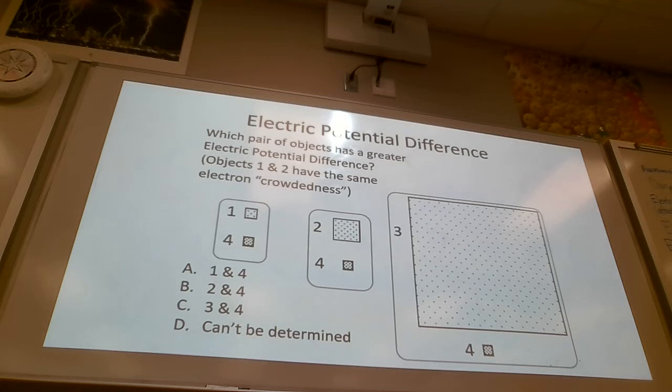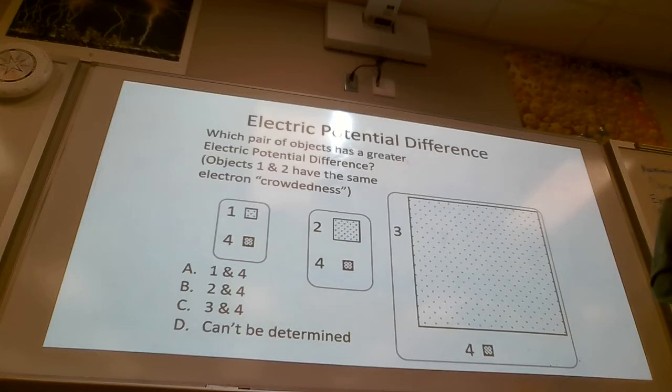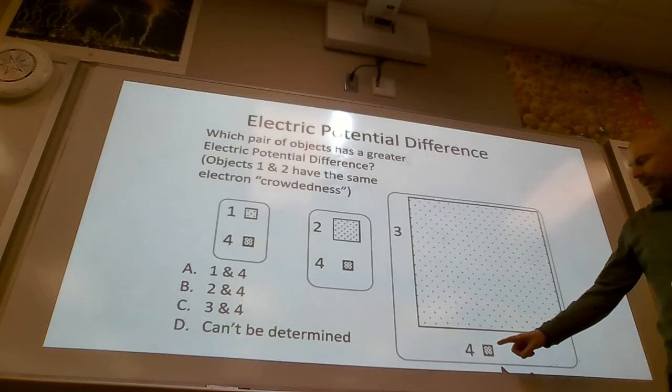Yeah. So they don't need the same distance. The correct answer is C.